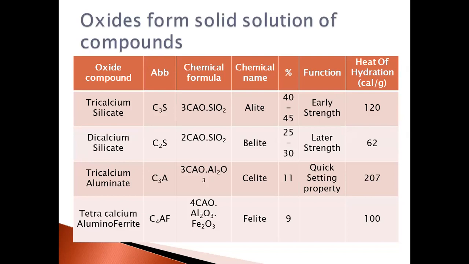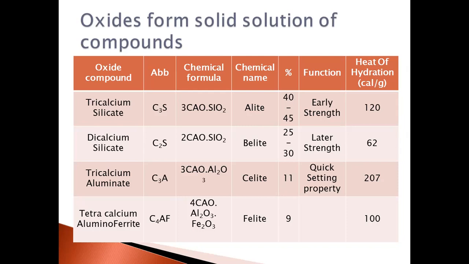The percentage of C3S should be 40 to 45, which imparts early strength, C2S should be 25 to 30, which imparts later strength, C3A should be 11%, responsible for quick setting, and C4AF should be 9%.